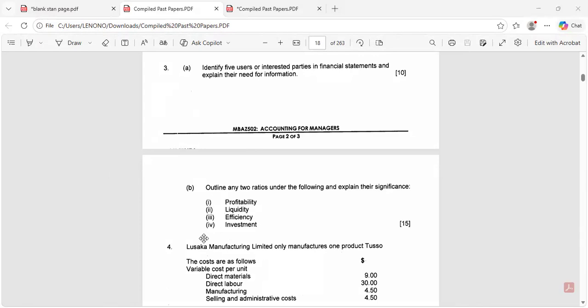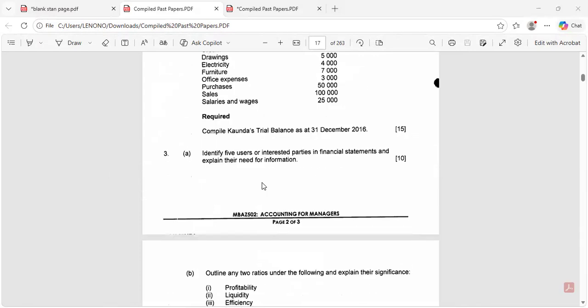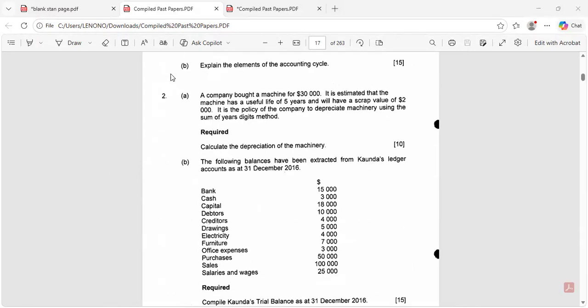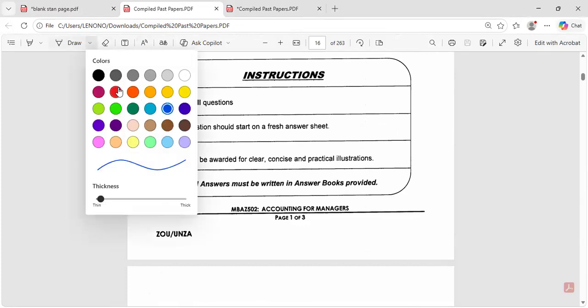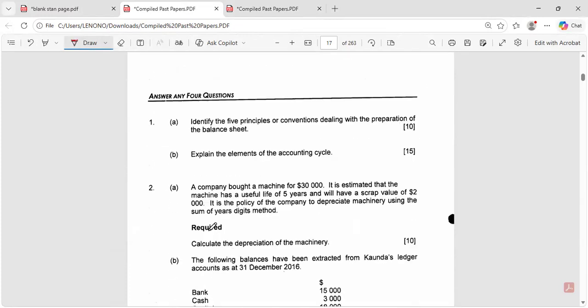So how would we get to this question? Read the question for me. Question 2. It says a company bought a machine for $30,000.